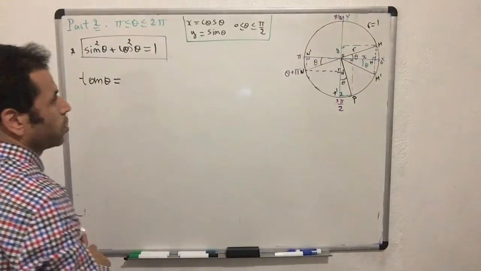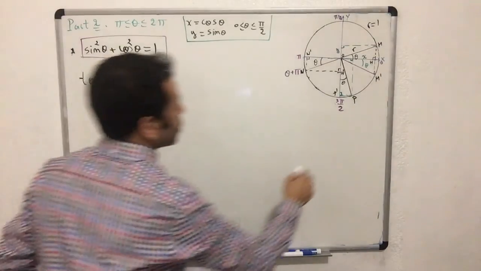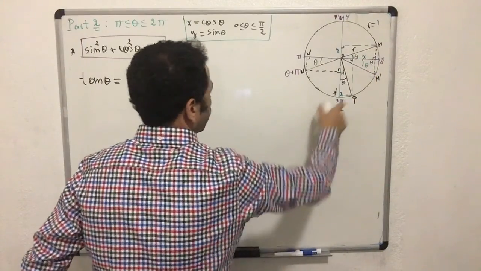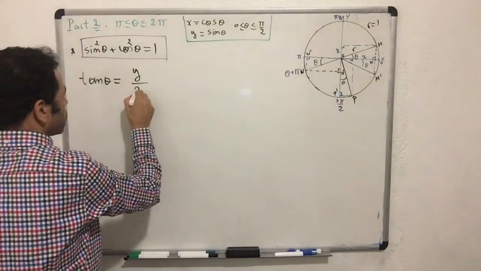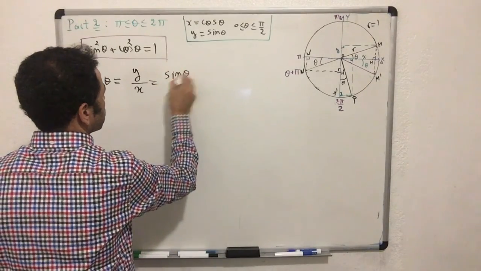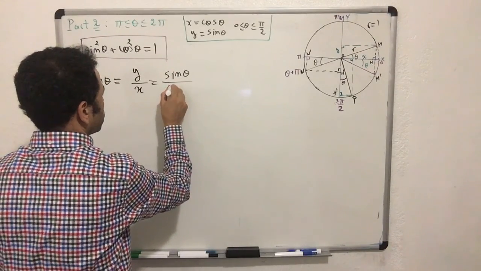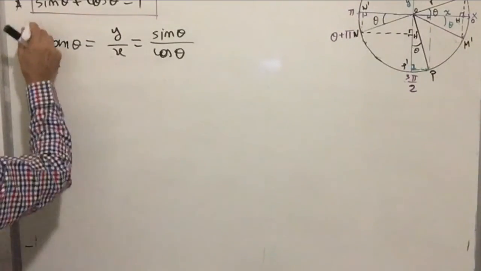Opposite was y, because of this distance, in this right triangle, and over x. X is adjacent. Y equals sine theta, and x equals cosine theta. This is another equation.